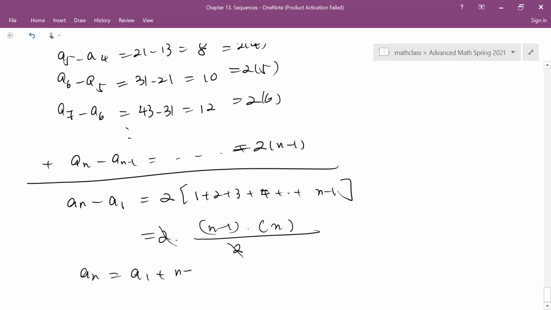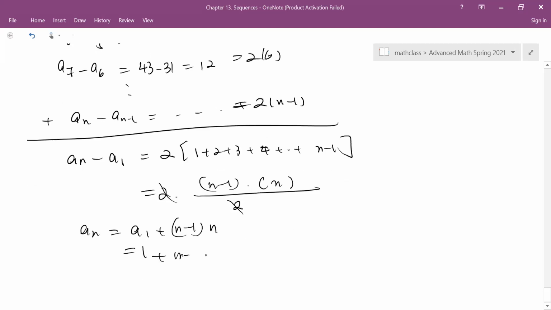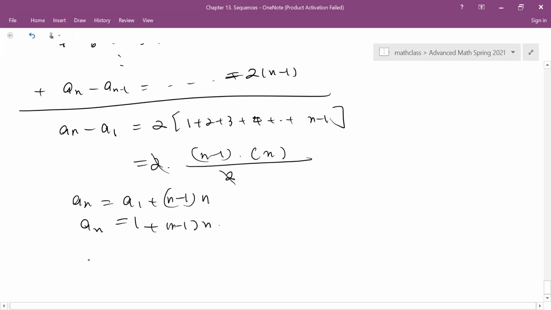So a_n equals 1 plus (n minus 1) times n. Okay, so you get the general formula. Then what is the 100th term? It's 1 plus 99 times 100, so 9,901. Okay, that is the answer.